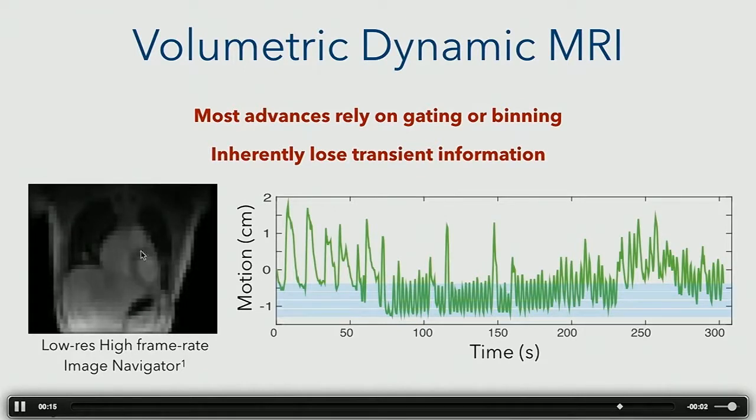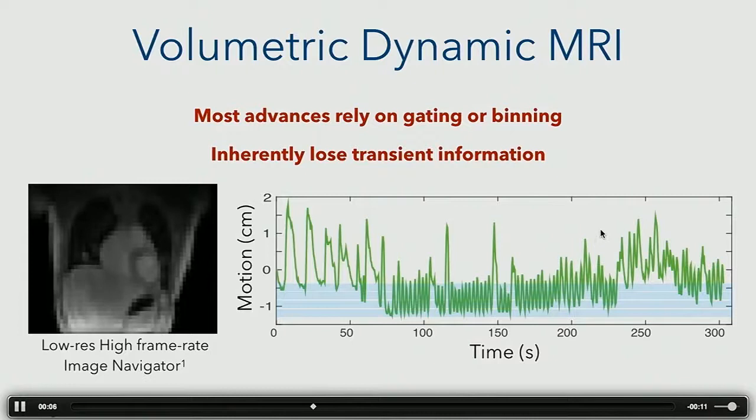But if you actually look at the image navigator, there is a tremendous amount of information that is actually not captured by the regular motion part. In particular, you can look at these motions. There's the patient coughing in the beginning, and then there's also an irregular breathing pattern. And so whenever we do these gating or binning methods, we're intrinsically losing all this information.